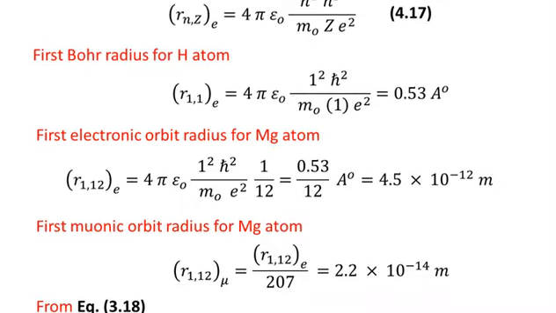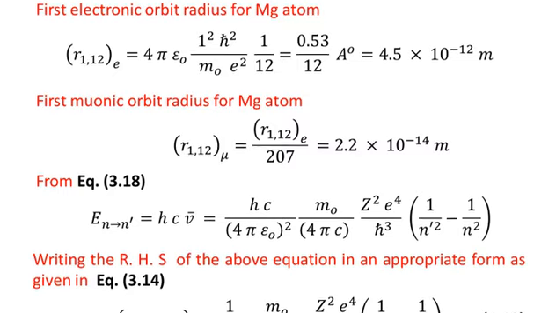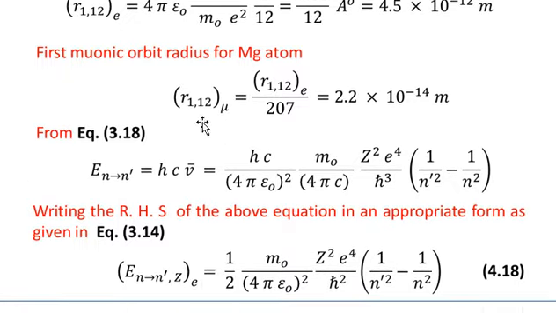So making these changes in the equation, I have this equation which represents the first radius of the muonic magnesium atom.